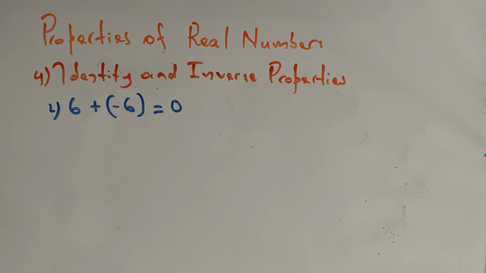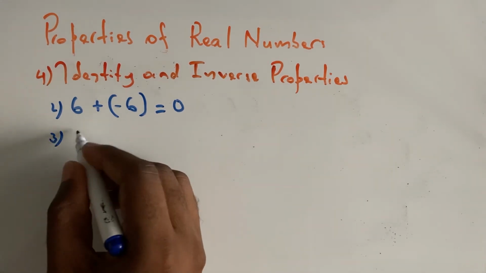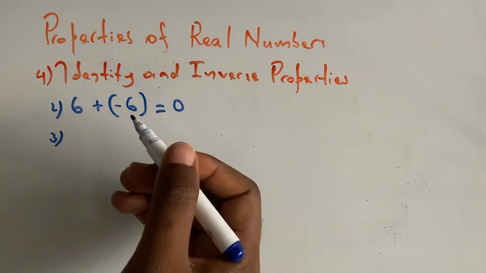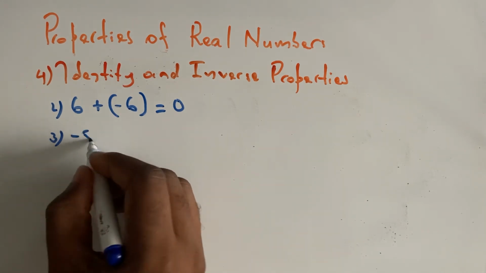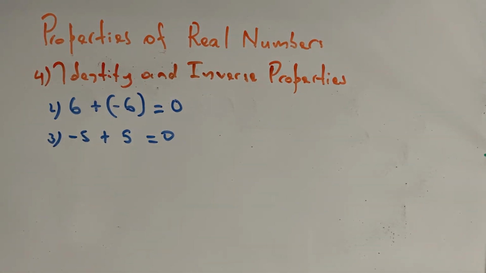Also, the additive inverse or opposite of negative 5 is 5. Why? Because negative 5 plus 5 is 0. So this is again the inverse property, which really means we're talking about the opposite. All right, this is for addition.